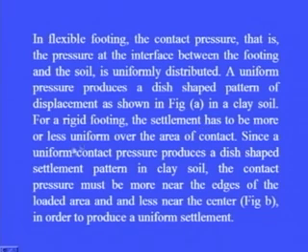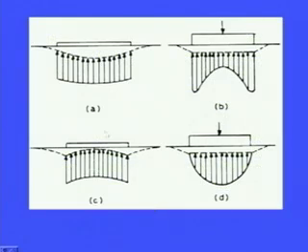For a rigid footing, the settlement has to be more or less uniform over the area of contact. Since a uniform contact pressure produces a dish shaped settlement pattern in clay soil, the contact pressure must be more near the edges of the loaded area and less near the center in order to produce a uniform settlement. So, this is the case for the clays.